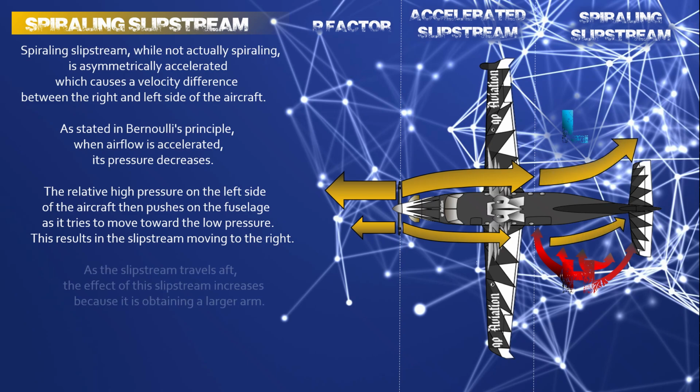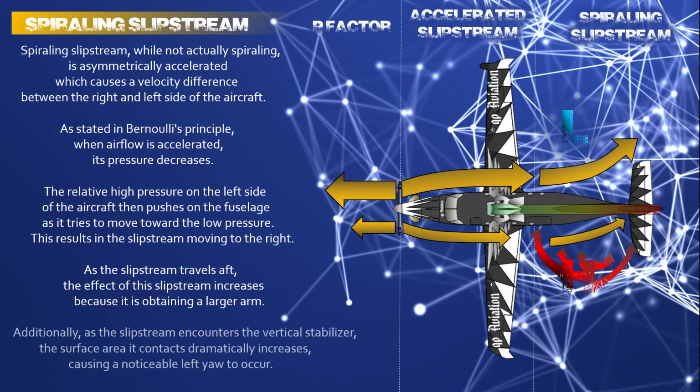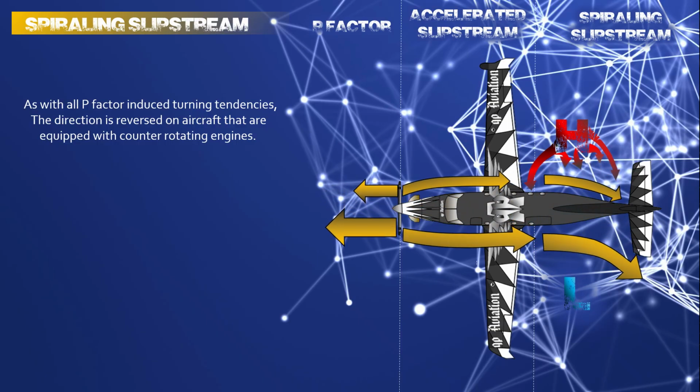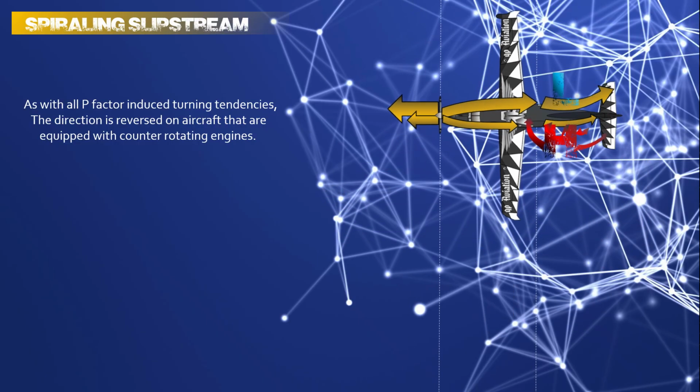As the slipstream travels aft, the effects of the slipstream increase because it is obtaining a larger arm. Additionally, as the slipstream encounters the vertical stabilizer, the surface area it contacts dramatically increases, causing a noticeable left yaw to occur. As with all P-factor induced turning tendencies, the direction is reversed on aircraft that are equipped with counter-rotating engines.